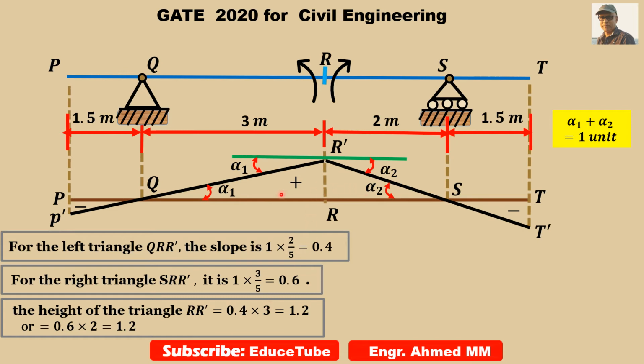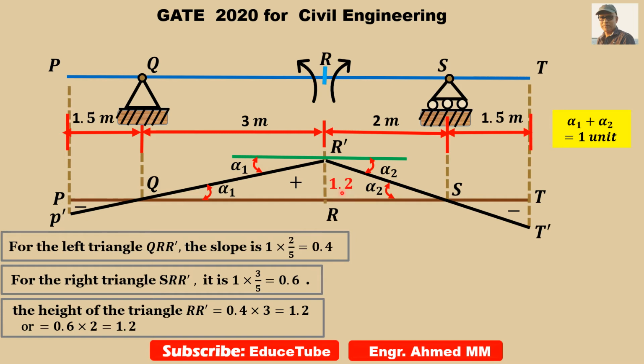If we take from the left side, 0.4 into 3, we get 1.2. So this RR prime is 1.2. Or if I consider from the right, 0.6 multiplied by 2, it will also be 1.2 for RR prime. Why not we write it here, 1.2?